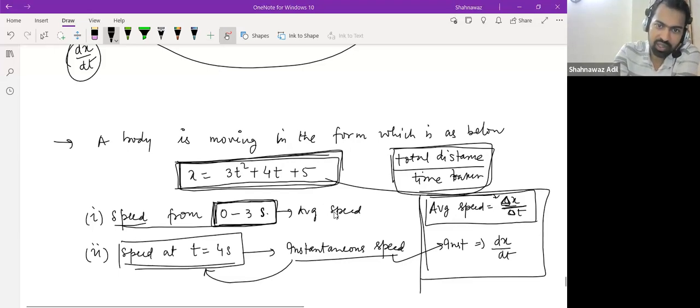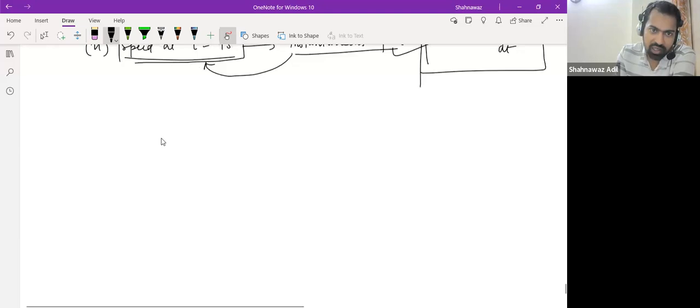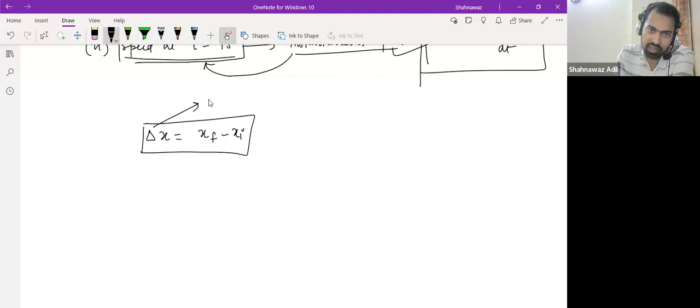First, what is delta? Let's say I calculate delta of x. This would be x final minus x initial. Delta is called the change in x. If I want to calculate delta y, this would simply be y final minus y initial.